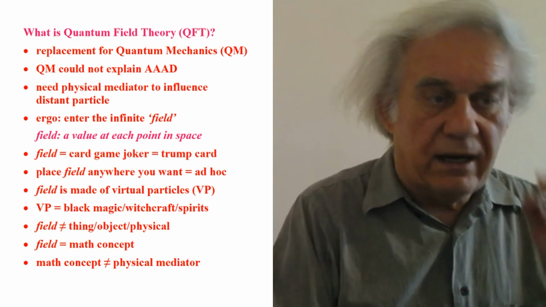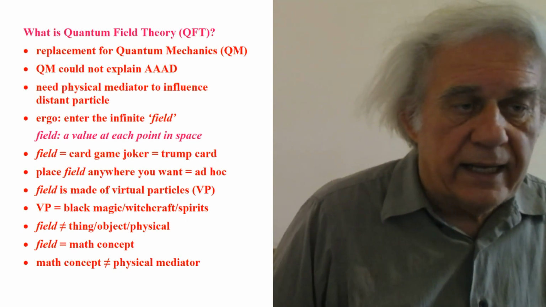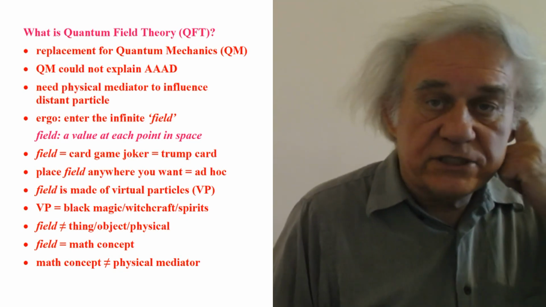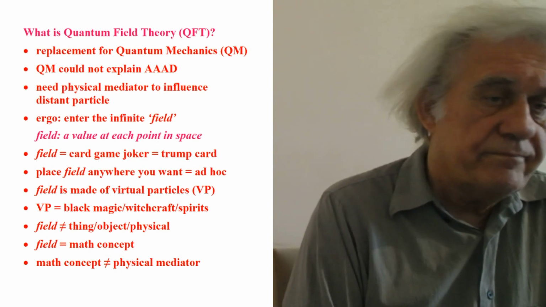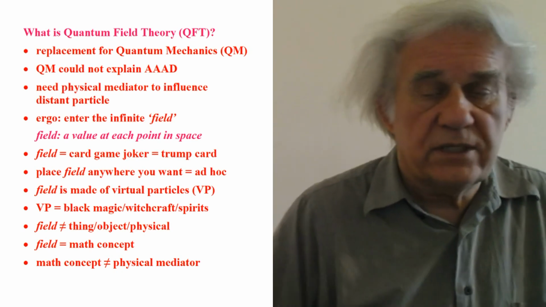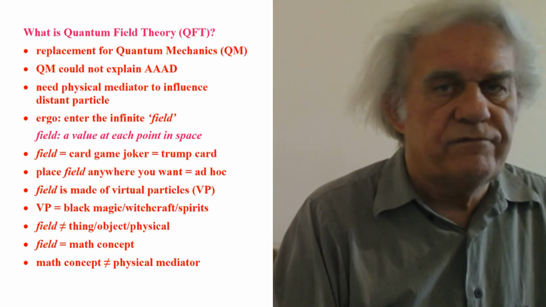And all these fields out there, they're made out of these virtual particles. And what is a virtual particle? It's black magic. That's what it's called in science. We call them black magic, witchcraft. These are the old spirits from traditional religions. That's what a virtual particle is.